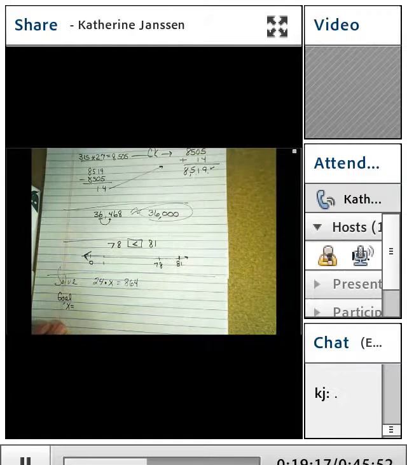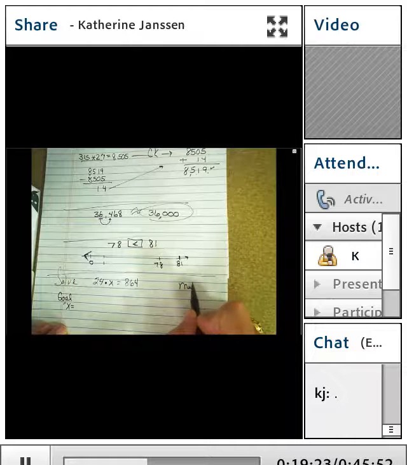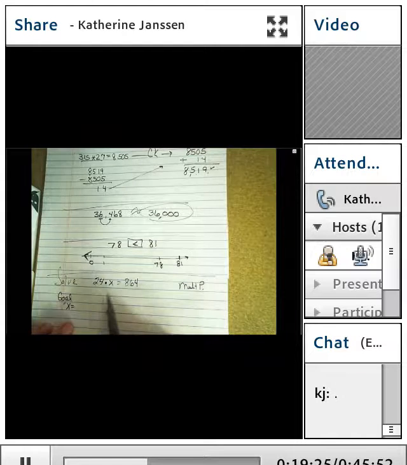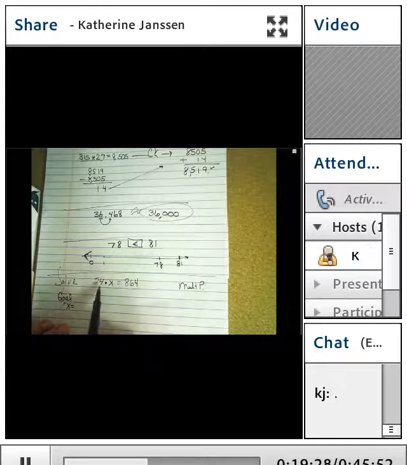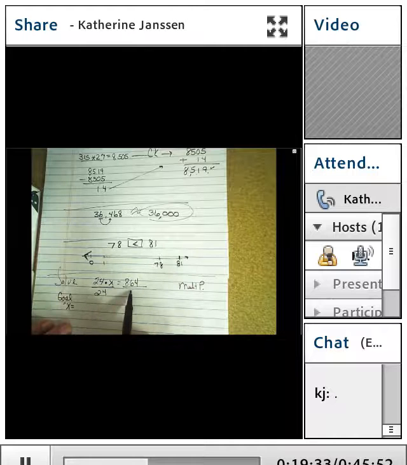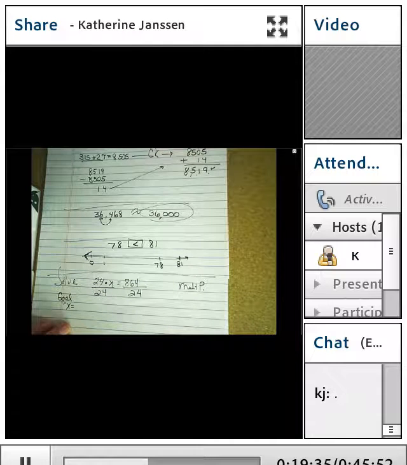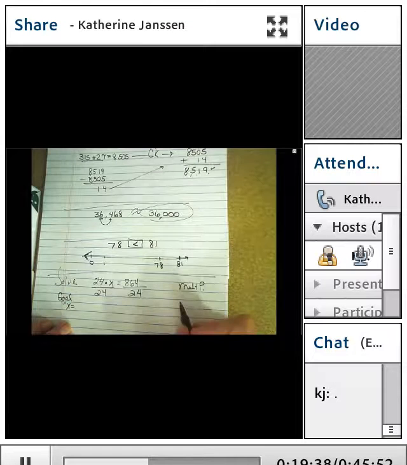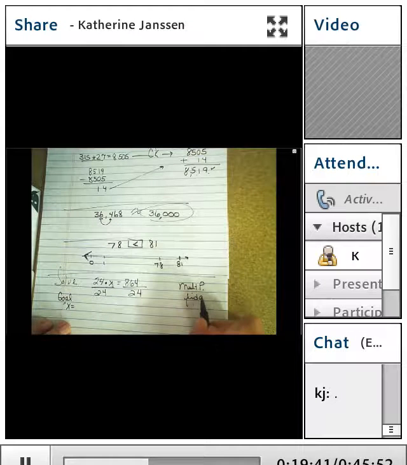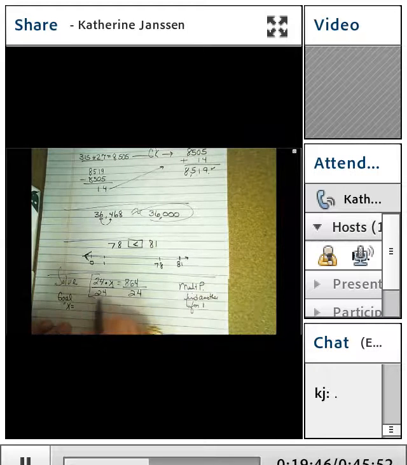Now this is 24 times x, so it's wrapped up in multiplication, so we're going to use the multiplication principle. Since it's multiplication, we'll divide by 24. But if we divide by 24 on this side, we'll divide by 24 on that side. And we do that to find another name for 1. 24 over 24 is another name for 1. And 1 times x is x, which is pretty close to my goal. Now I just need to tidy up the other side of the equation.